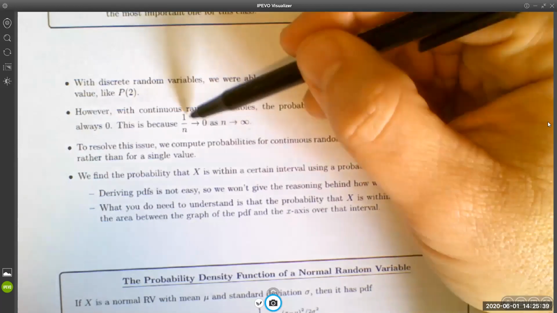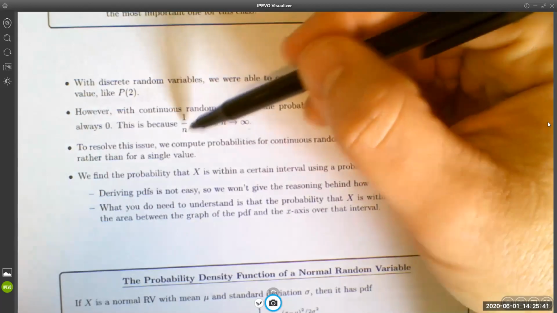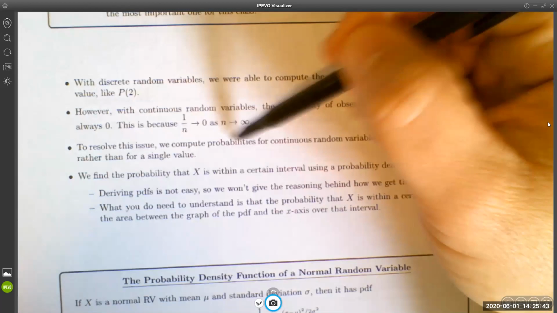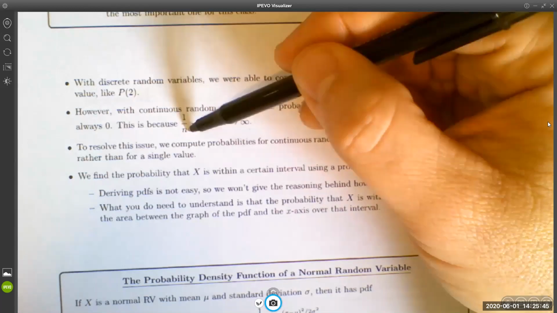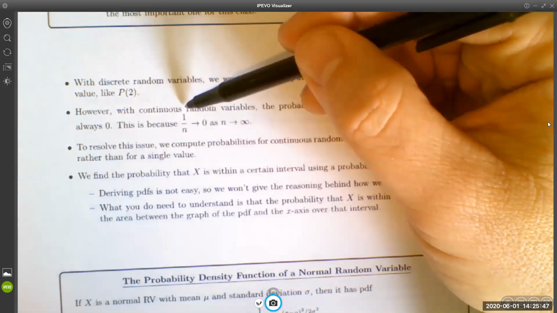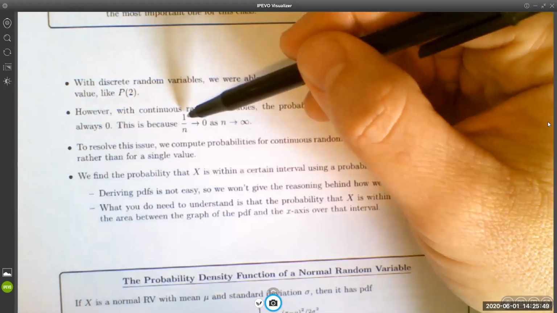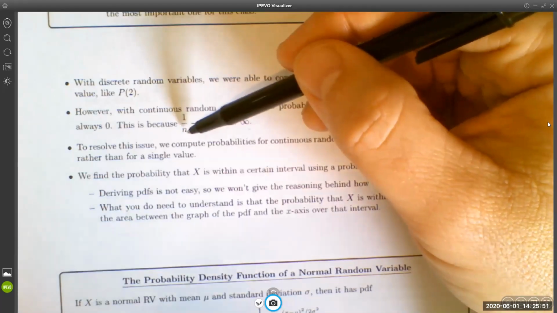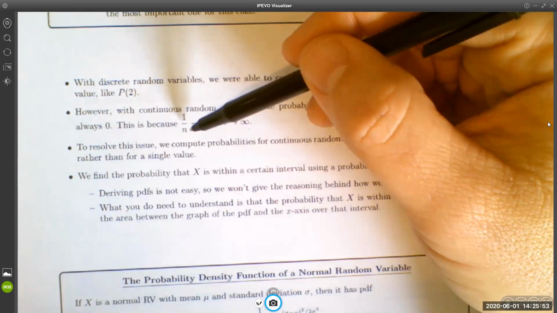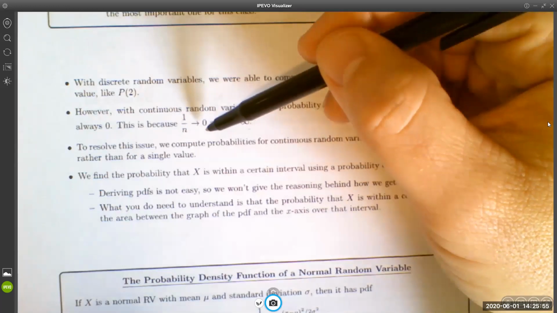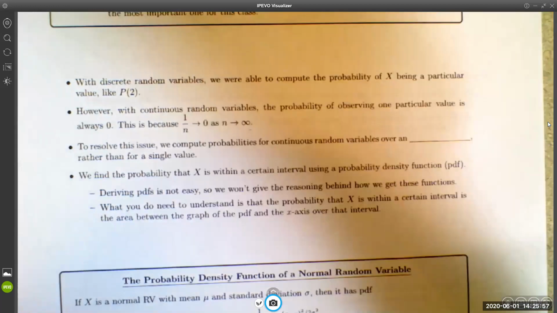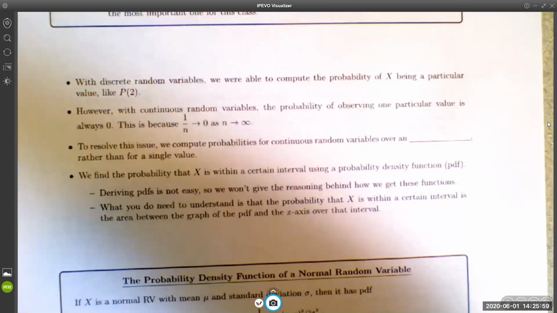If you think about what happens to 1 over n as n gets larger and larger, 1 over n gets smaller and smaller, right? Like 1 over 100 is bigger than 1 over 1,000,000. So as n gets big, this thing goes to 0. And that's what happens when you're dealing with continuous variables, because there are always infinitely many possibilities.